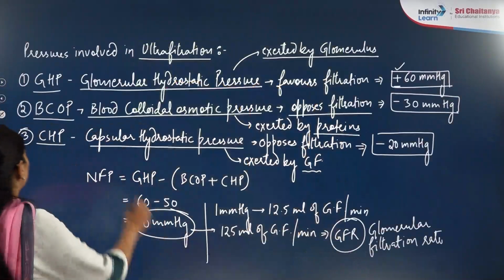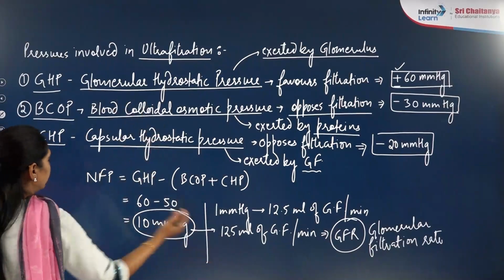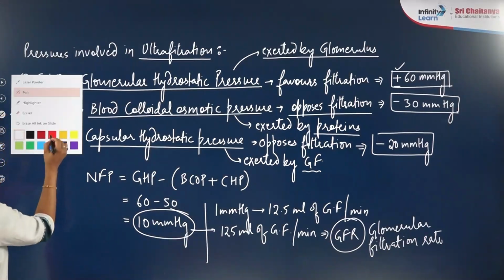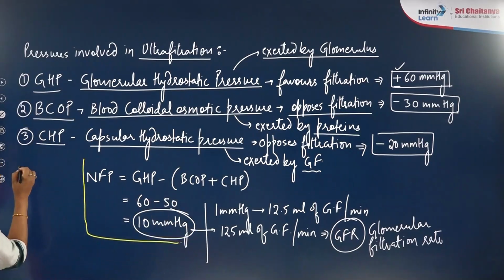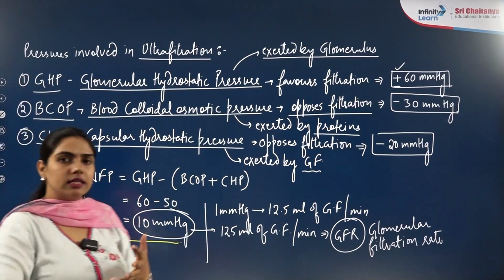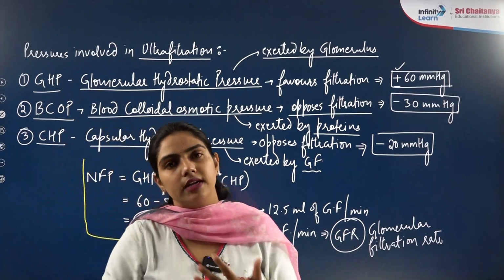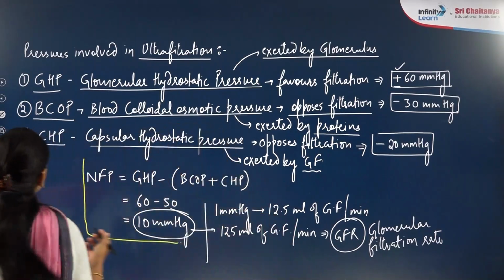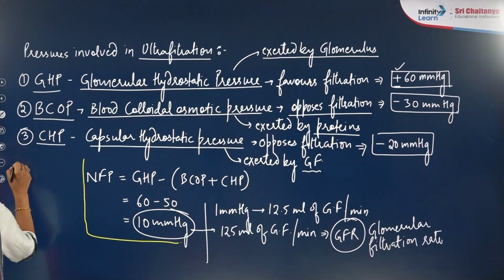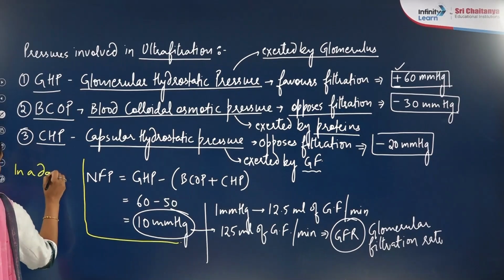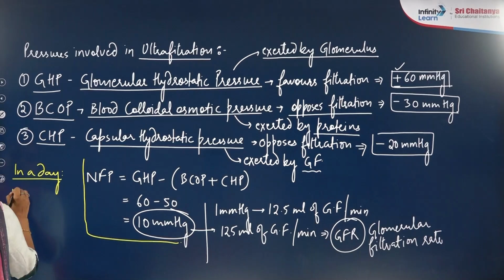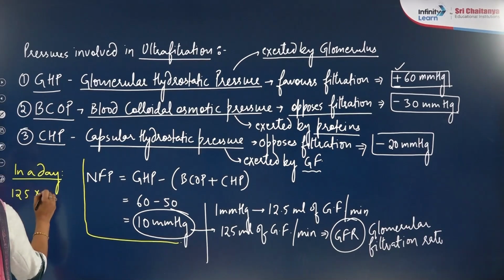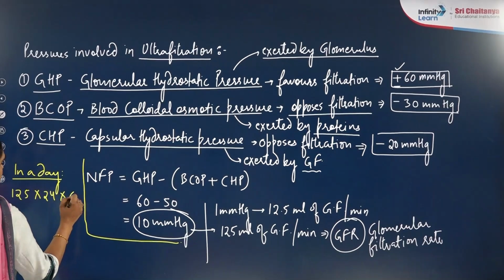So, simply what you have to do: if 125 ml is getting formed in 1 minute, then in a day, you know 24 hours, and in an hour, you know how many minutes, right? So you can simply calculate it: 125 into 24 into 60.